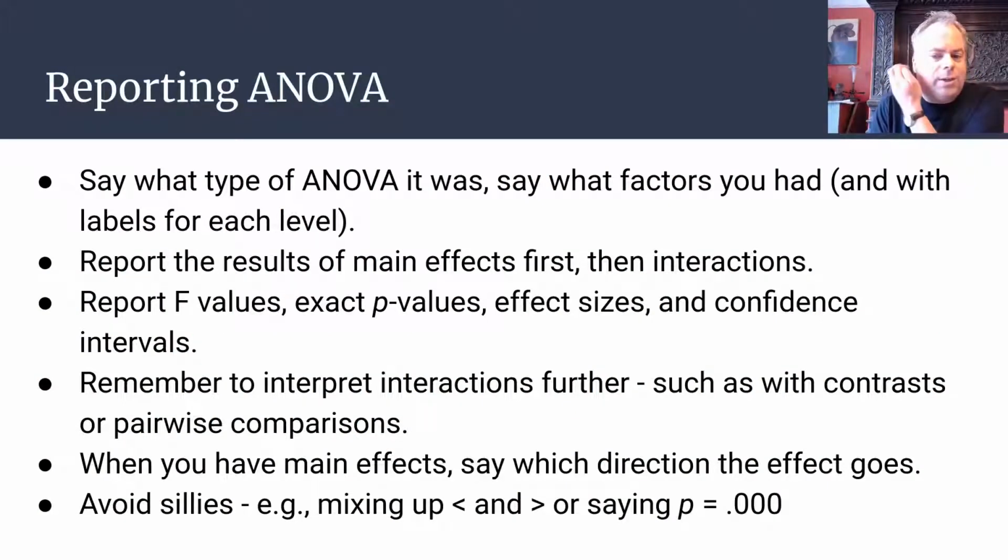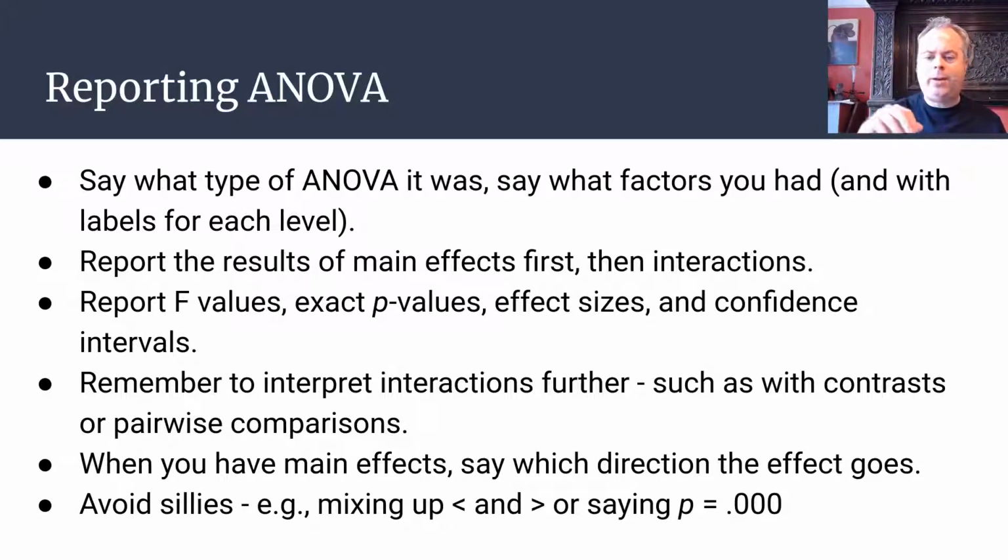I just want to finish this final video in this workshop by saying a few things. When you come to write up the results of any ANOVA analysis, it's important to say what type of ANOVA you conducted. Is it between participants, repeated measures, factorial? Make it explicit what factors you had and what labels were associated with the levels of each factor.